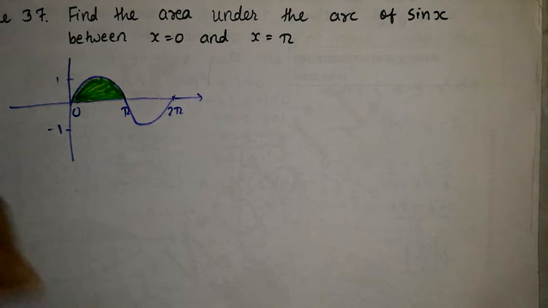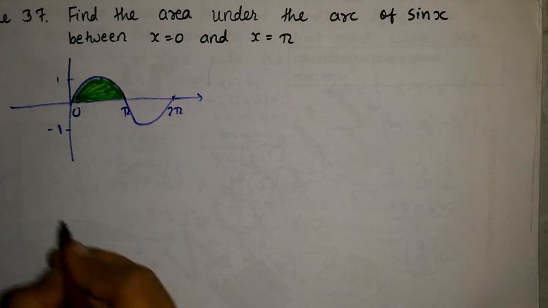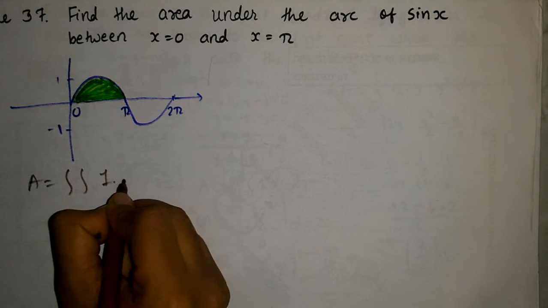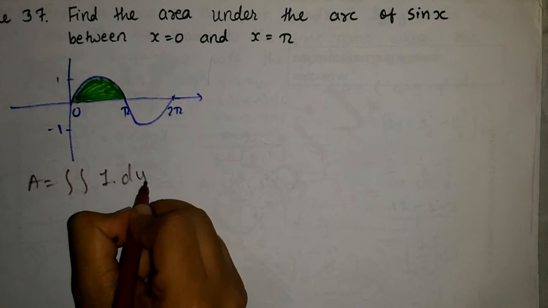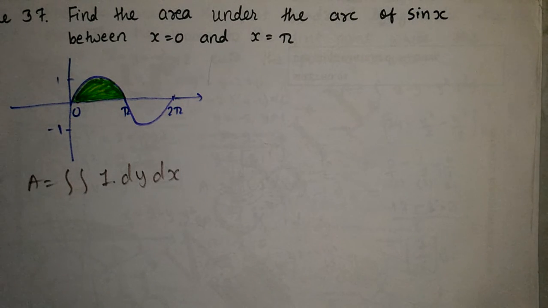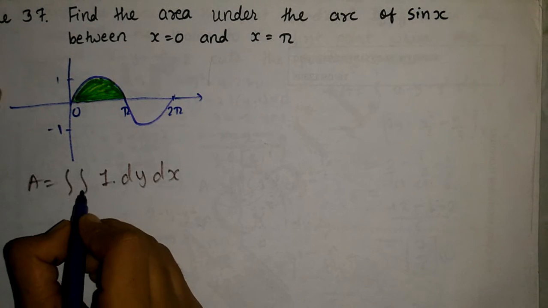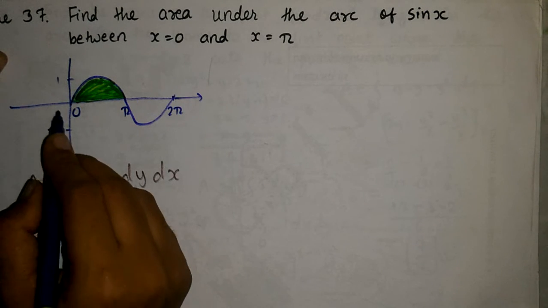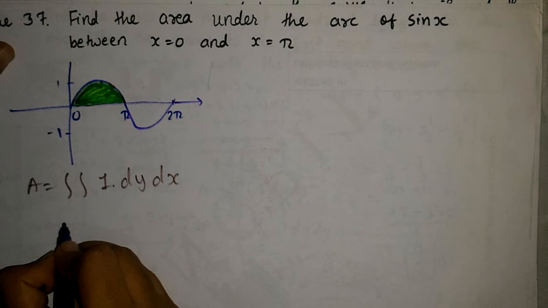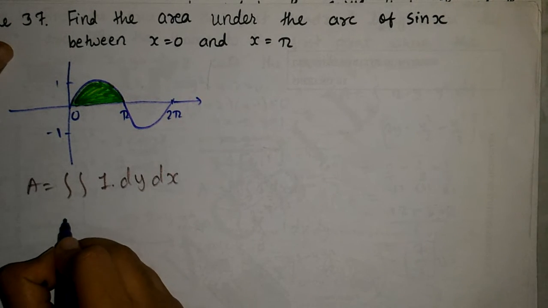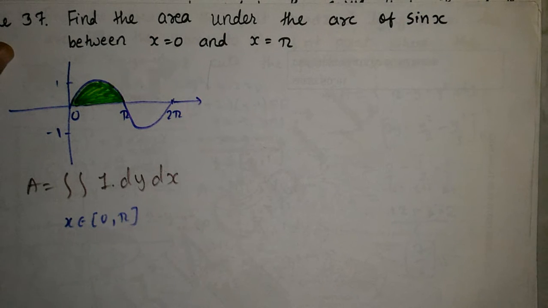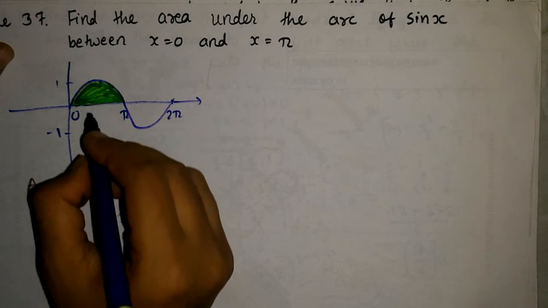So area is equal to double integration 1 into dy dx, or we can take dx dy. It depends on us. So we know that x belongs to 0 to pi. So whenever we write dy dx, we draw the vertical line.